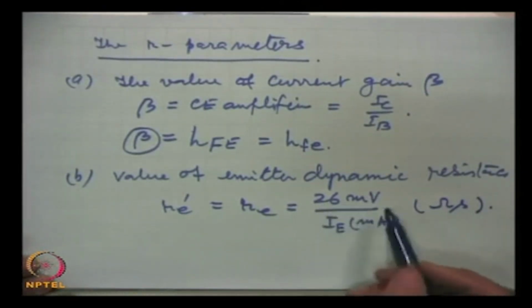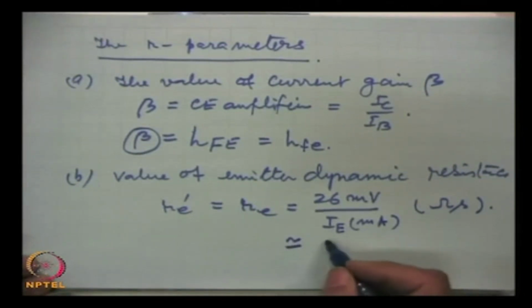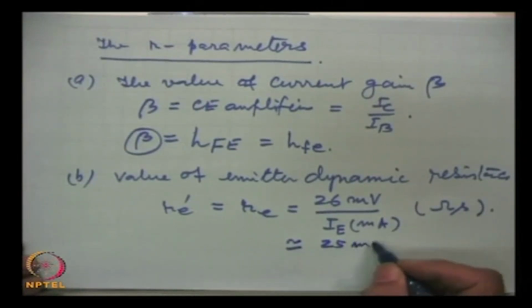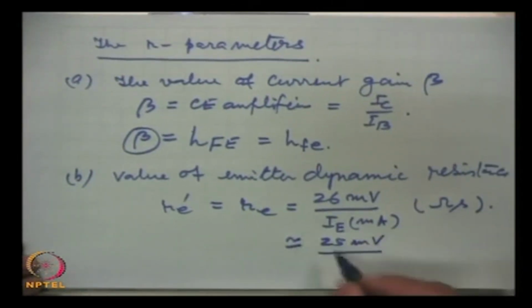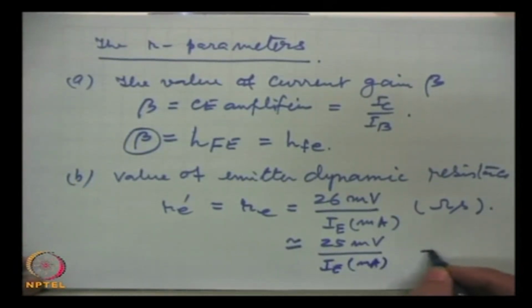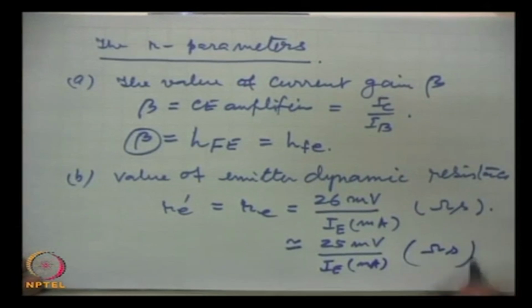And this 26 millivolts is also sometimes taken as just 25 for the sake of convenience of calculation. It will not incur much inaccuracy, and this is I E in milliamperes, then we get the value in ohms. So, these are the two parameters we require.